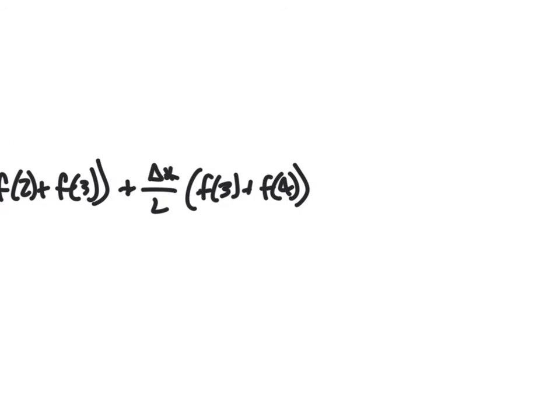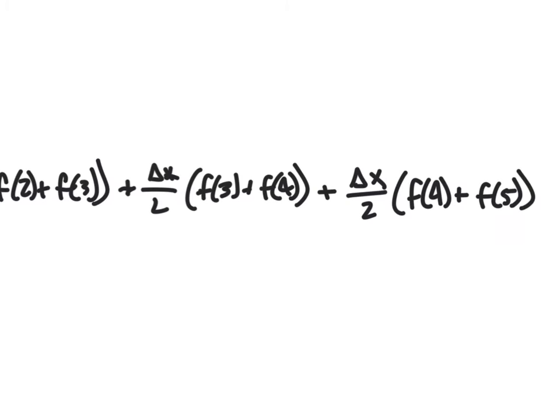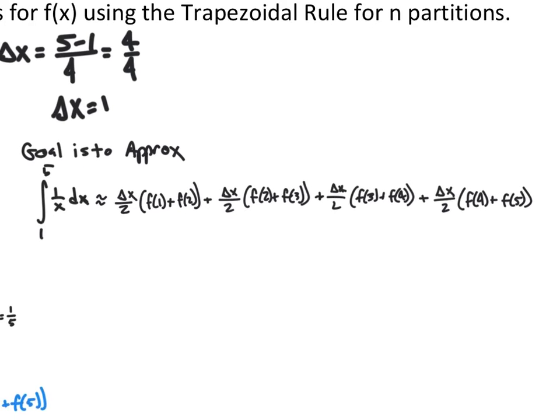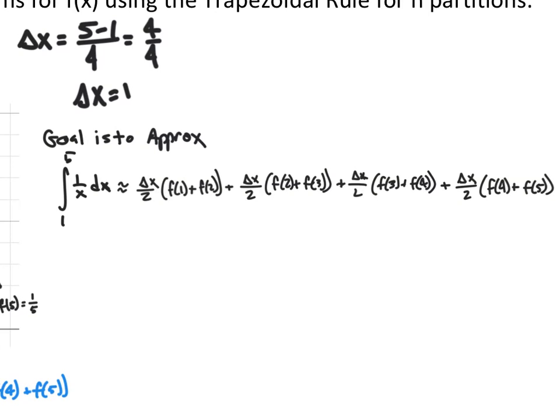And then the last one is plus delta x over 2 times f of 4 plus f of 5. So now you have all this written out. Each of these is the area of one of those trapezoids.